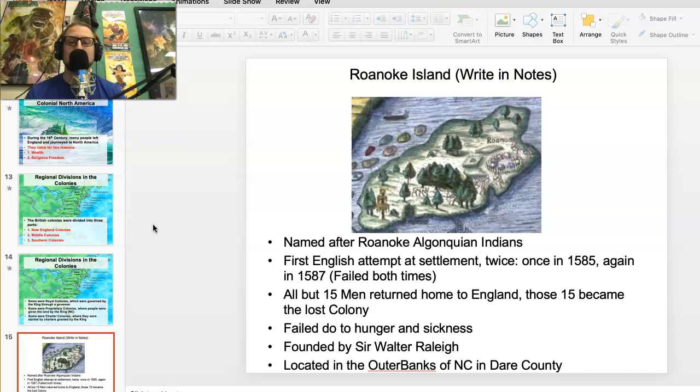It was a failure. However, 2 years later, after 1585 and 1587, when people went back to Roanoke, or what became known as the Lost Colony, there were people living there, which didn't make much sense considering the king ordered all of them home.